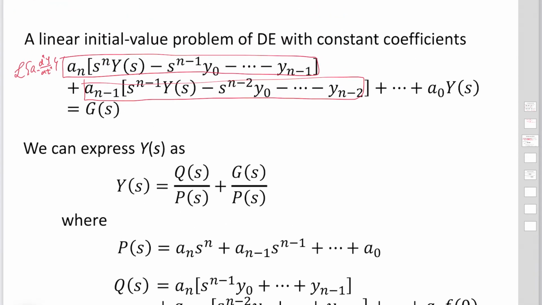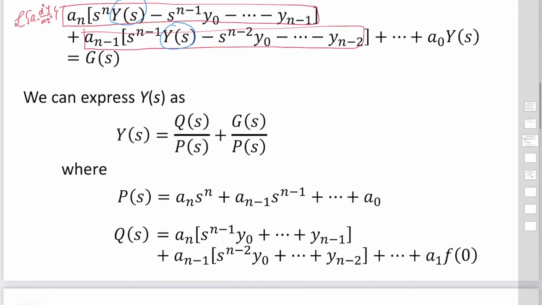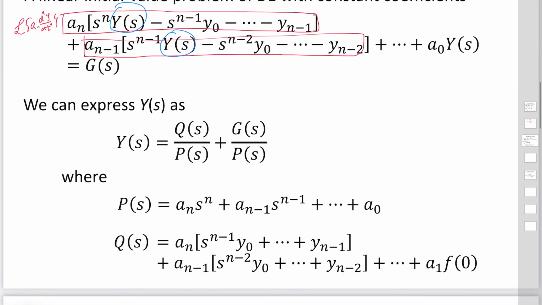You collect all the terms related to Y. So this is Y(s), this is Y(s). Then it becomes Y(s) times a sub n s to the n plus a sub n minus 1 times s to the n minus 1, and so on.